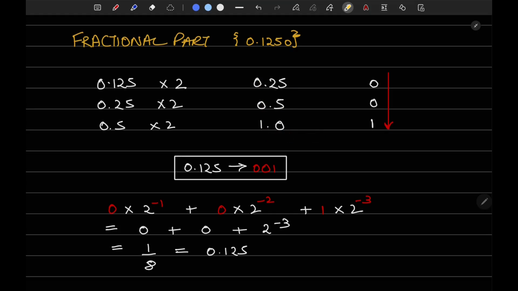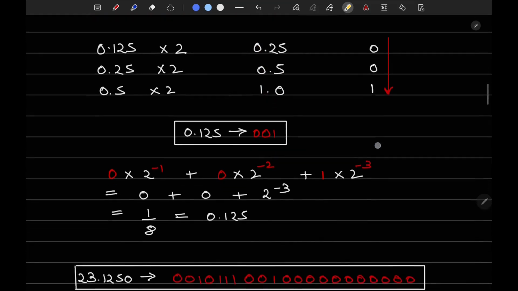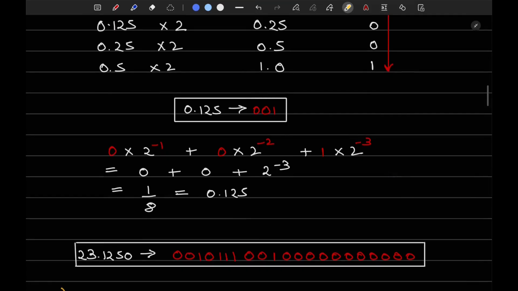To convert it back from binary to decimal, we just multiply each binary bit by 2 raised to the negative power of the position, starting from 2 to the power minus 1 and moving forward to minus 2, minus 3 and so on, and just adding them all together.